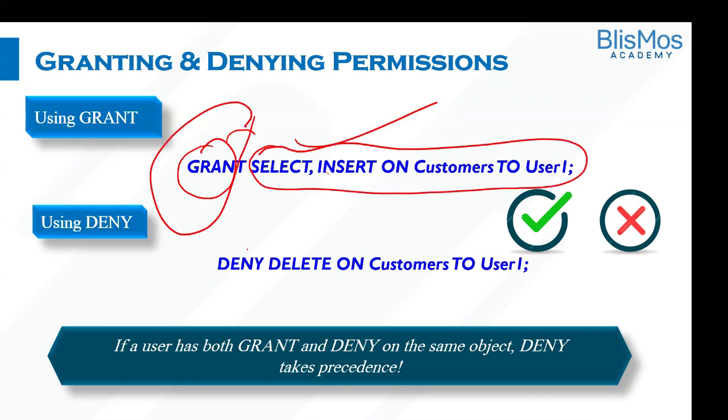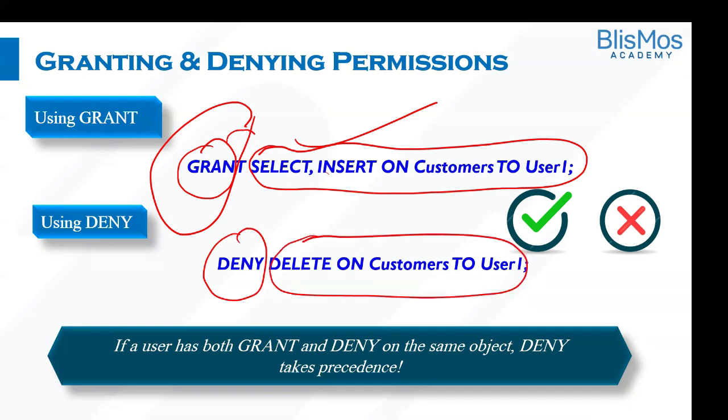Okay. Now we are denying to do this. Okay. Granting is allowing. Denying is not allowing. Okay. So one thing you have to understand is, let us say we use both grant and deny on the same object. Then deny takes the precedence to be safer. That is one more important thing to remember.